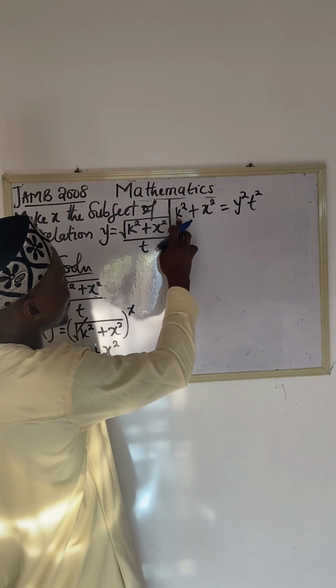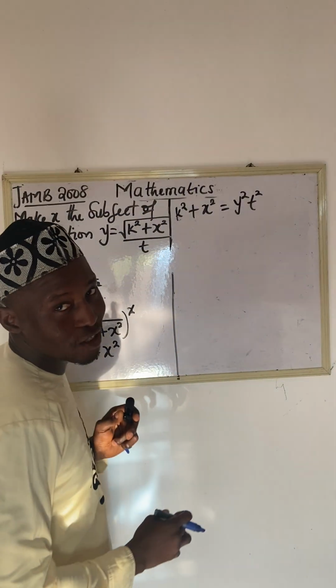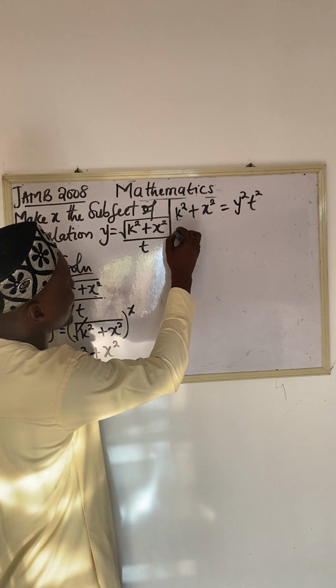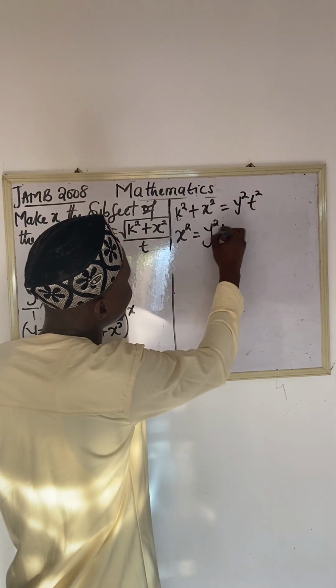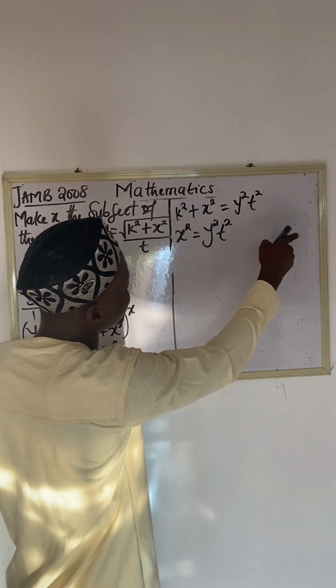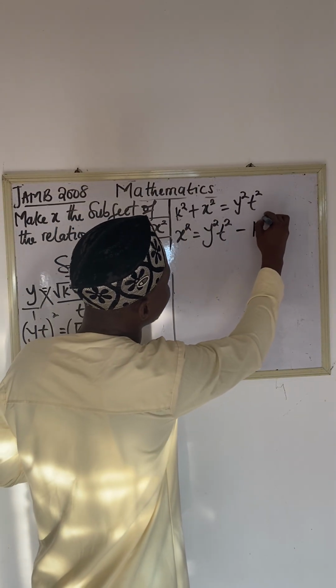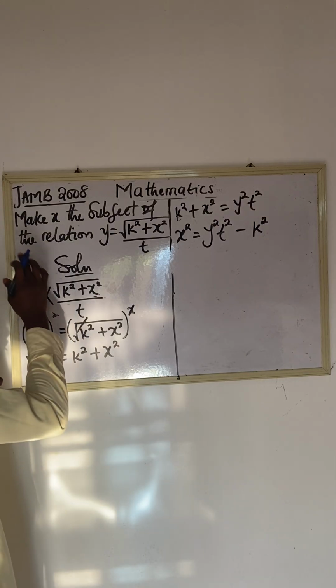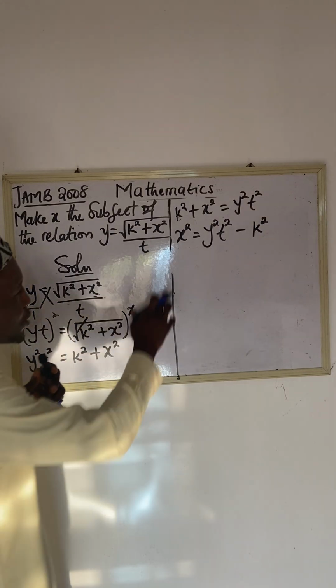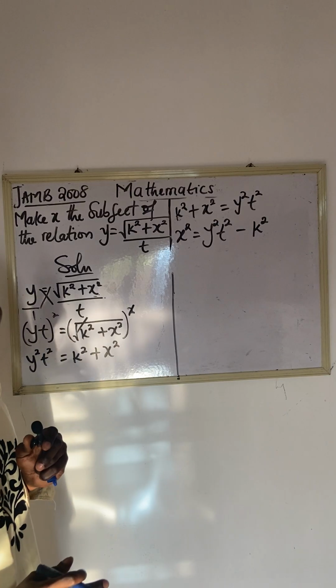So let me take the k squared to the other side of the equation. So I have that my x squared is equal to y squared t squared, and if I take this to the other side, I have minus k squared. Now the question asks us to make x the subject of the relation, not x squared. So what do you think we can do here?